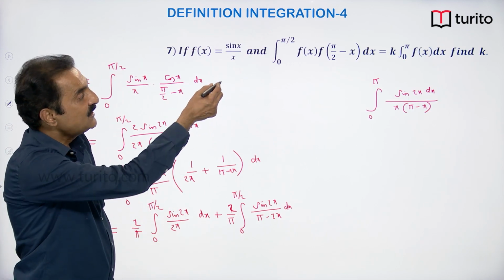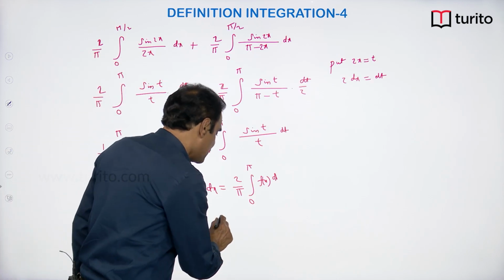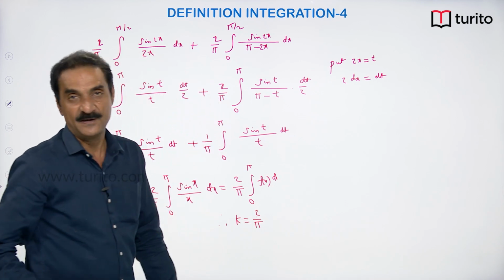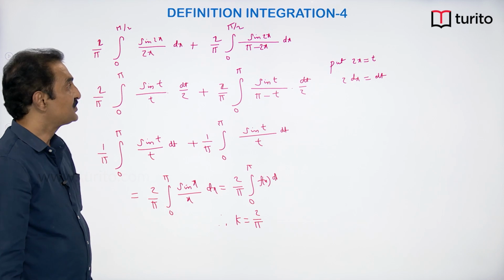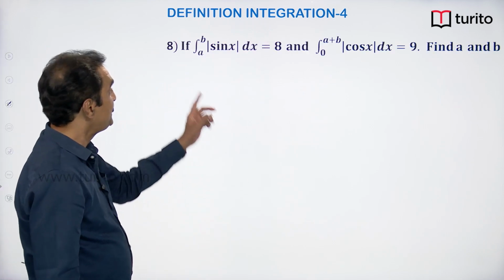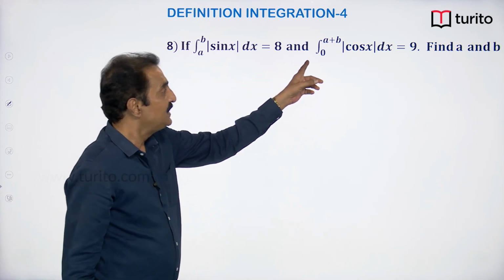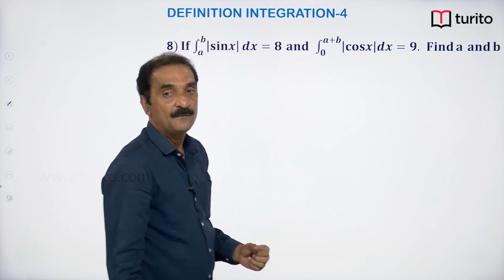Now see the question, it is k integral 0 to pi f of x dx, therefore k is equal to 2 by pi. Okay. Next question, if integral a to b mod sin x dx is equal to 8, integral 0 to a plus b mod cos x dx is equal to 9, find a and b.